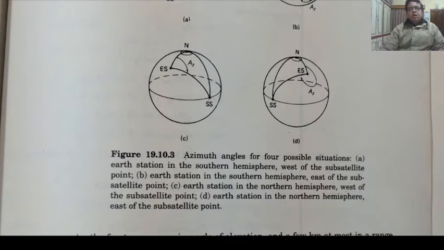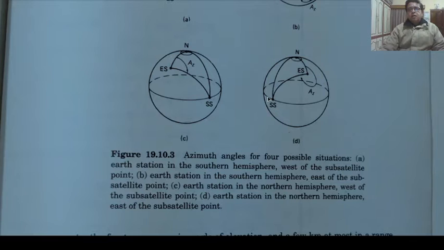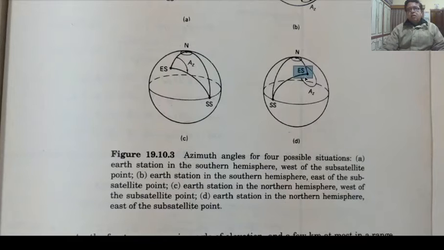In C, Earth station in the northern hemisphere and west of the subsatellite point. And in D, Earth station in the northern hemisphere, east of the subsatellite point.